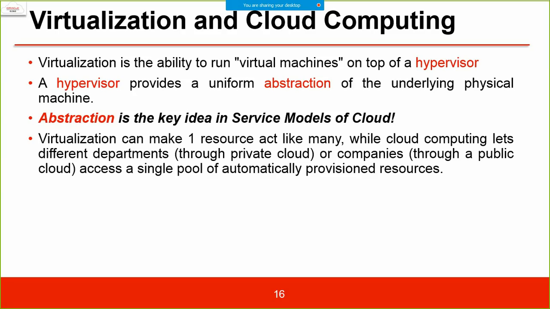Cloud cannot survive without virtualization, and the hypervisor gives you that abstraction layer and the technology to create cloud. So virtualization can make one resource act like many, while cloud computing lets different departments, through private cloud, or companies, through public cloud, access a single pool of automatically provisioned resources. Remember, automatically provisioned.